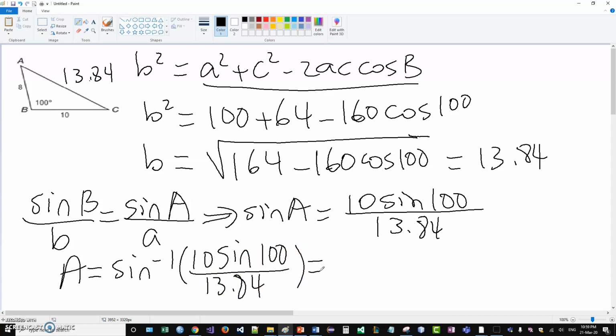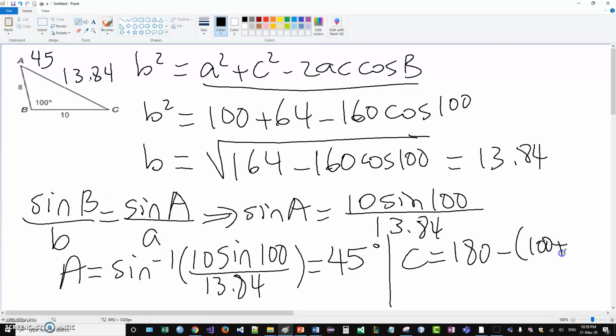That will give us 45 degrees. So now angle A is 45. To find angle C, C equals 180 minus the sum of A and B, which is 100 plus 45.